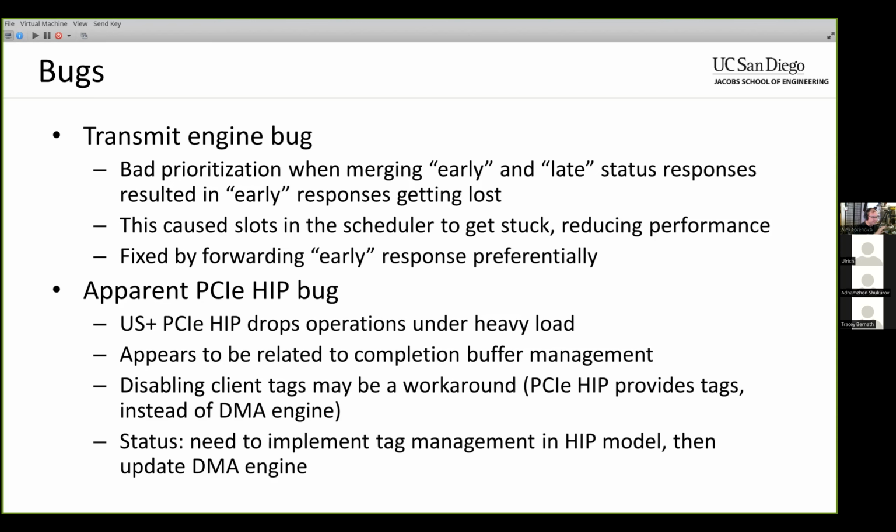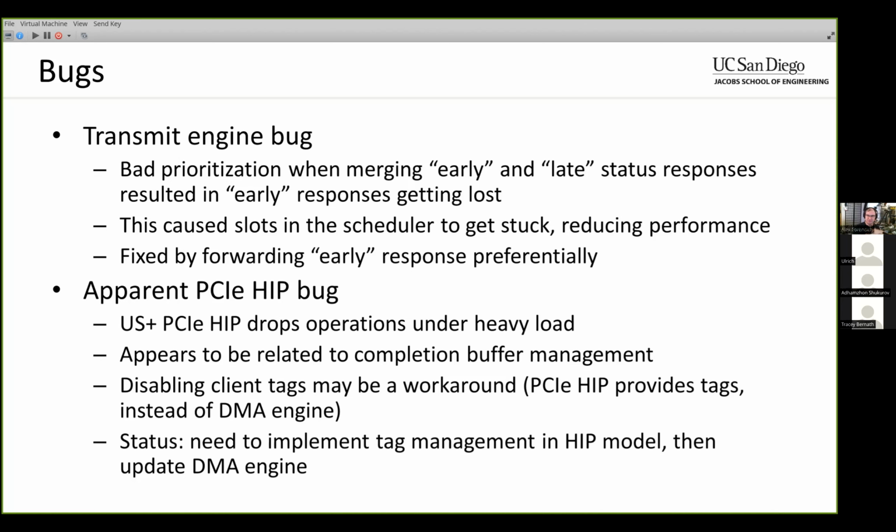That prioritization was screwed up, and as a result of these responses getting lost, slots in the scheduler were getting stuck, just waiting for a response, so it never gets freed up. This effectively reduces performance because the scheduler can only generate one outstanding transmit request per entry in its little internal table.